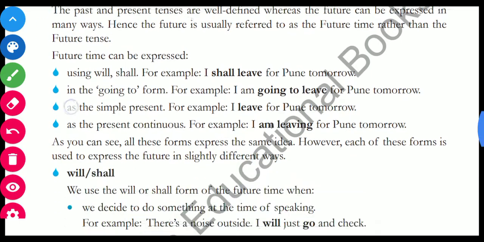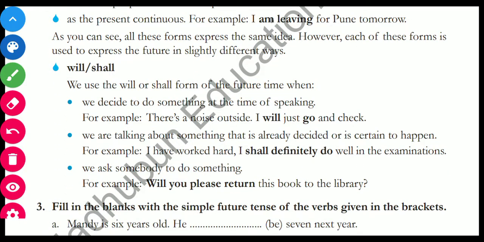Now the usage of will and shall. So we use the will or shall form for the future time when we decide to do something at the time of speaking. For example, there's a noise outside, I will just go and check. And we are talking about something that is already decided or is certain to happen. जब future के present time पे बात हो रही तो मैं बाहर जाके देखती हूँ.